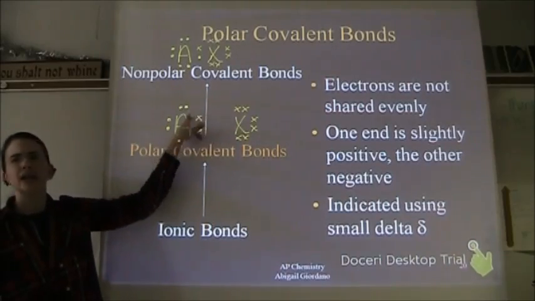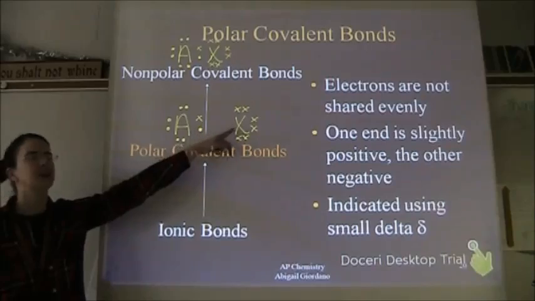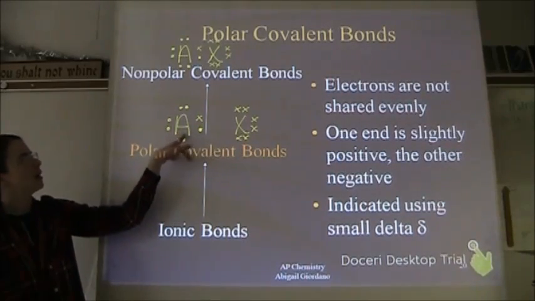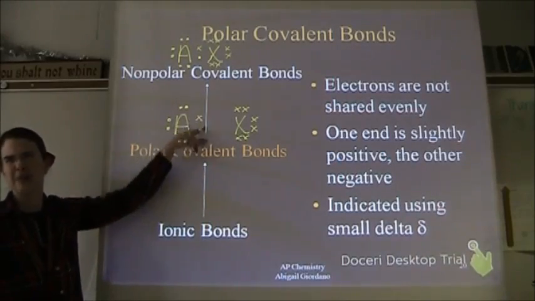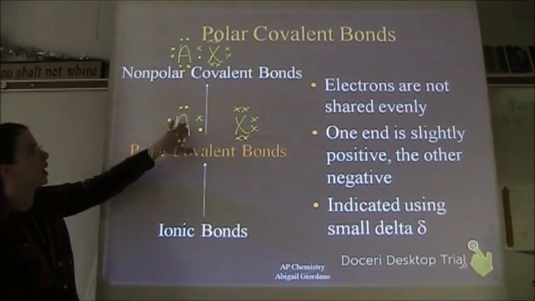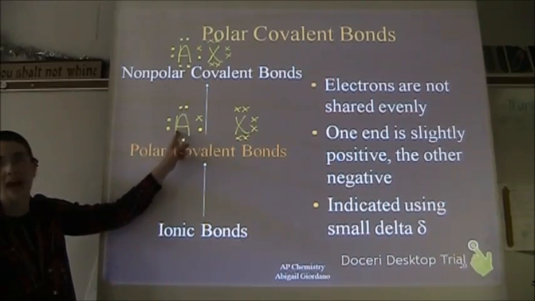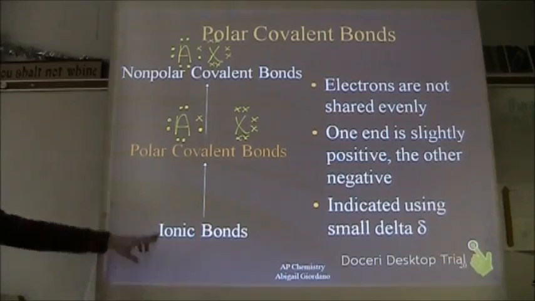That pair of electrons is still between these two particles, so technically they're still sharing, but this atom is like hogging that pair of electrons, okay? That pair of electrons is more attracted to this atom than that one. They're not being shared evenly or equally.